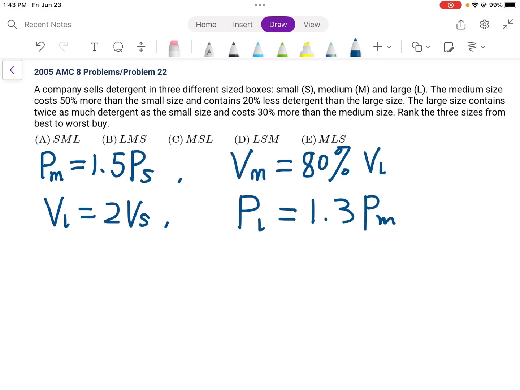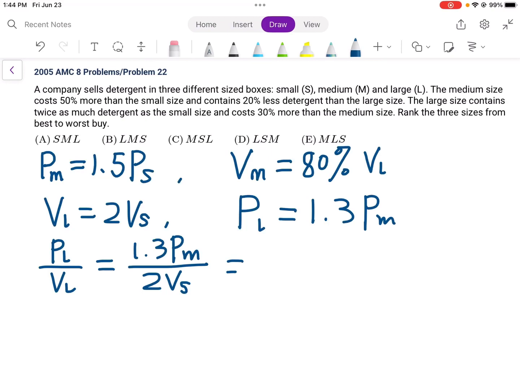We first calculate PL divided by VL. It equals, because PL equals 1.3 PM, so we use 1.3 PM, and VL equals 2 VS, so we use 2 VS in the denominator, and we can further use PM equals 1.5 PS to substitute into this equation.